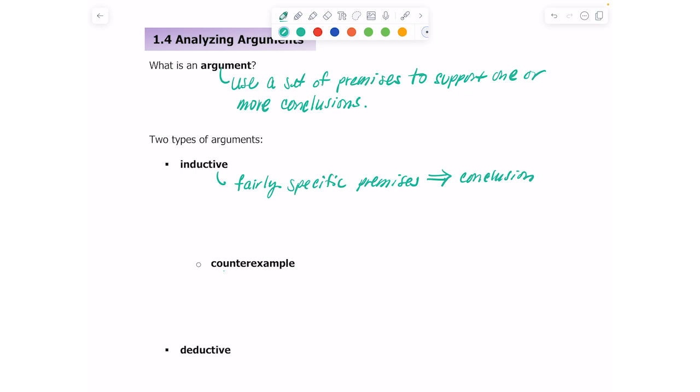Okay. With inductive arguments, we can try to find counterexamples, and a counterexample is a specific case that disproves a general statement or proposition.